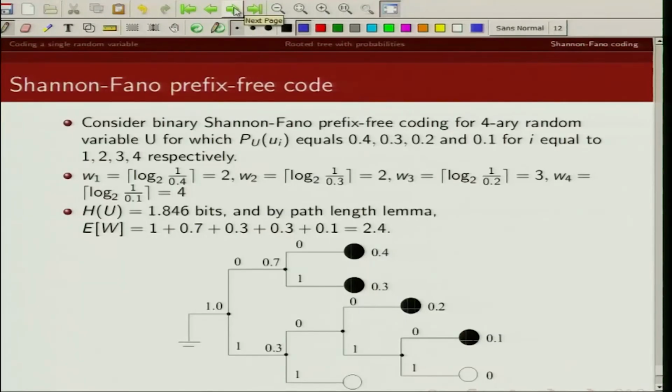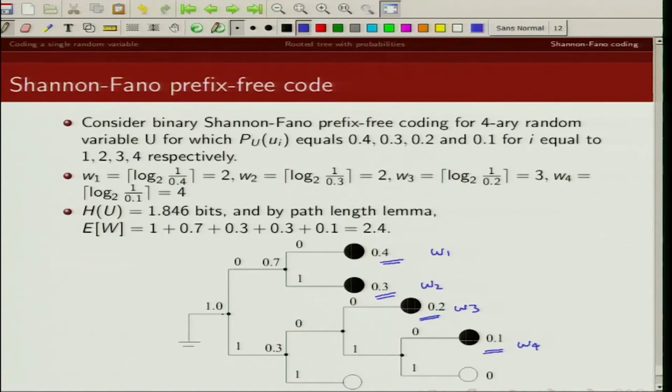So you can see here I've already pruned this tree of maximum depth 4, and this is the code word corresponding to u1, this is the code word corresponding to u2 of length W2, this is of length W1, this is the code word corresponding to u3 of length W3, and this is the code word corresponding to u4 of length W4.